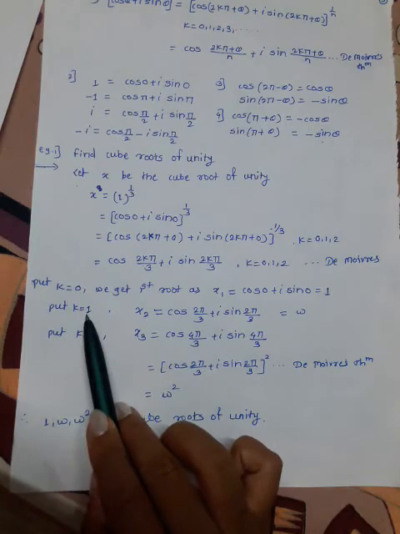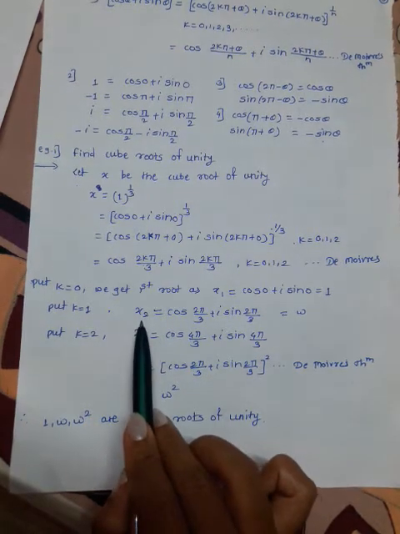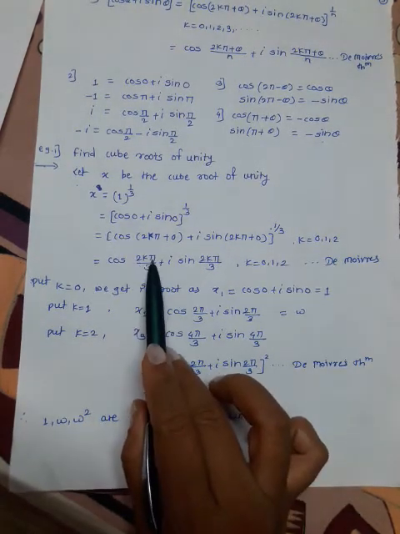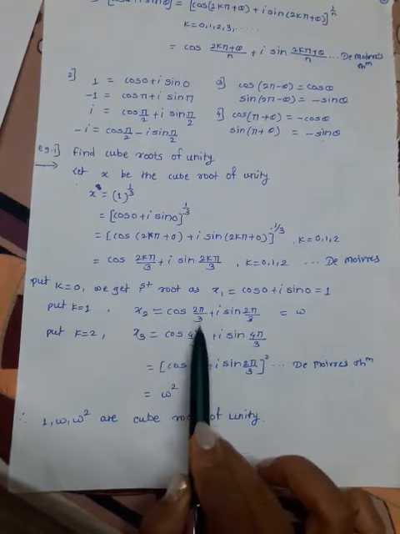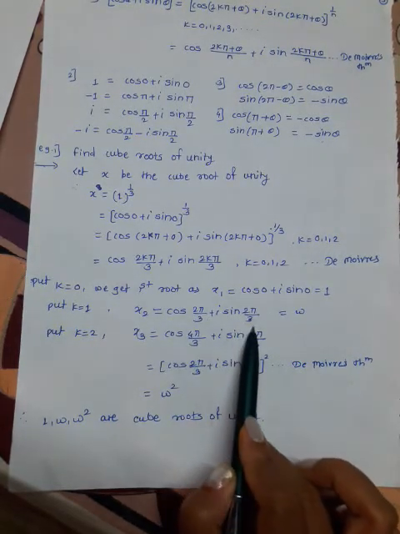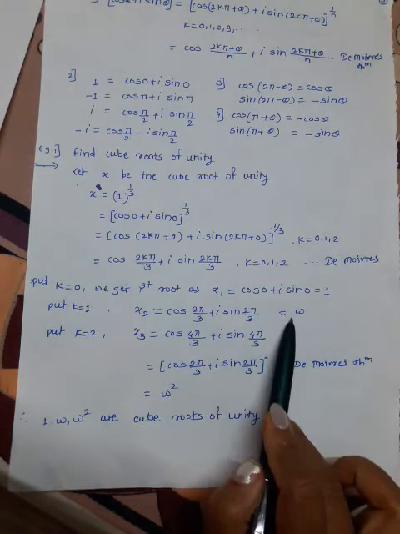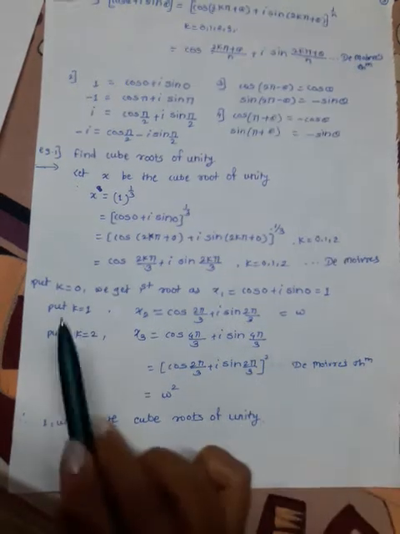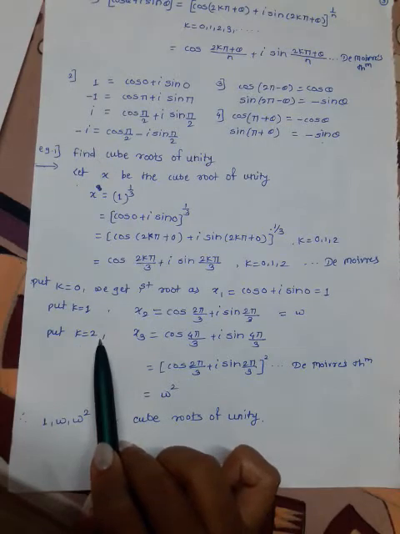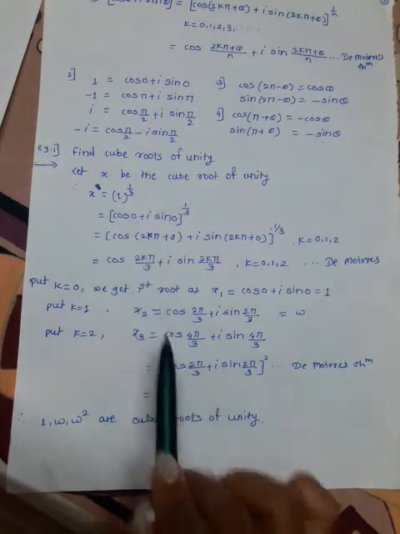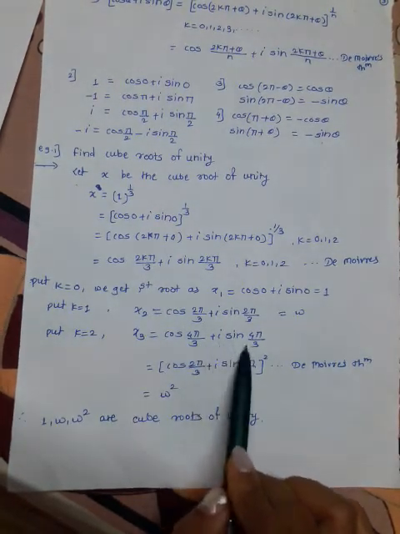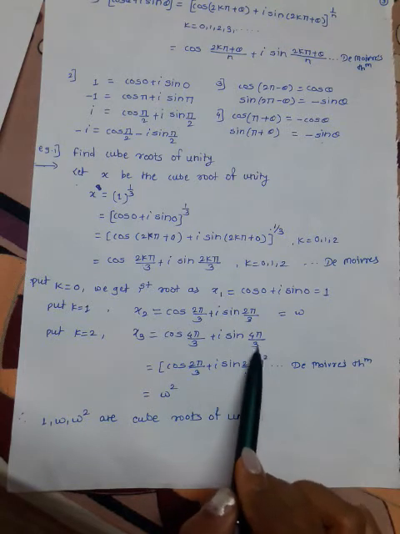Now put k is equal to 1, we get the second root x2 is equal to cos 2 pi by 3 plus i sin 2 pi by 3. Call it w, just notation. Now put k is equal to 2, we get cos 4 pi by 3 plus i sin, same angle for sin, 4 pi by 3.